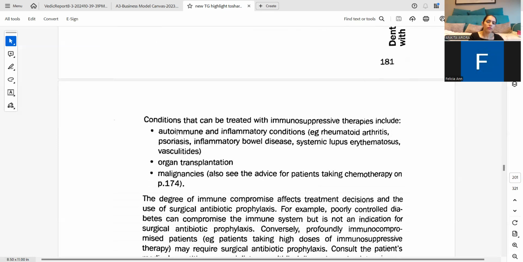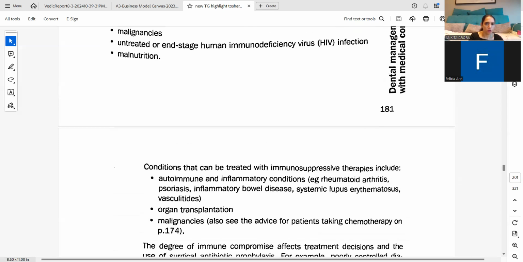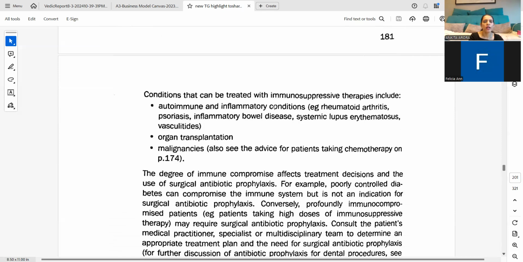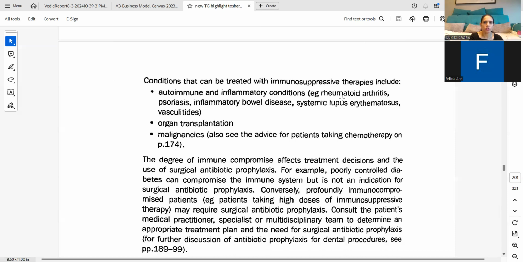These are all causes of immunodeficiency. Then conditions that can be treated with immunosuppressive therapies include autoimmune and inflammatory conditions like rheumatoid arthritis, psoriasis, inflammatory bowel disease, SLE, organ transplantation, and malignancies. So all these conditions can be treated with immunosuppressive therapies.